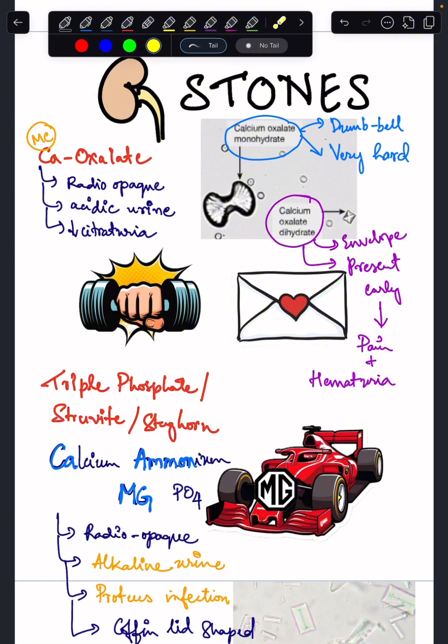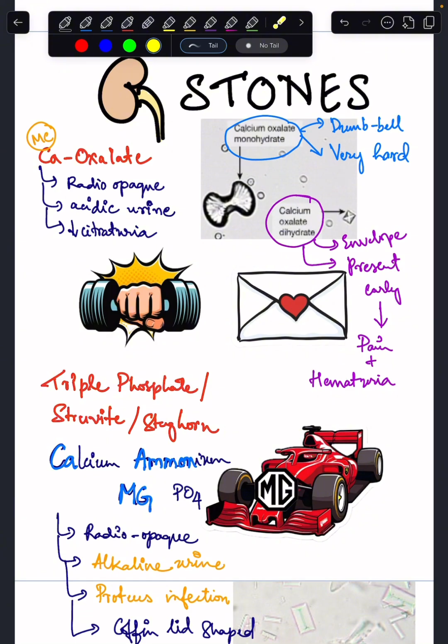So here's the trick. If a guy is single, that is mono, he is at the gym lifting dumbbells. So these monohydrate stones are dumbbell shaped and they're very hard because the stones are hitting the gym. Whereas if he's in a relationship, that is there are two people, right?